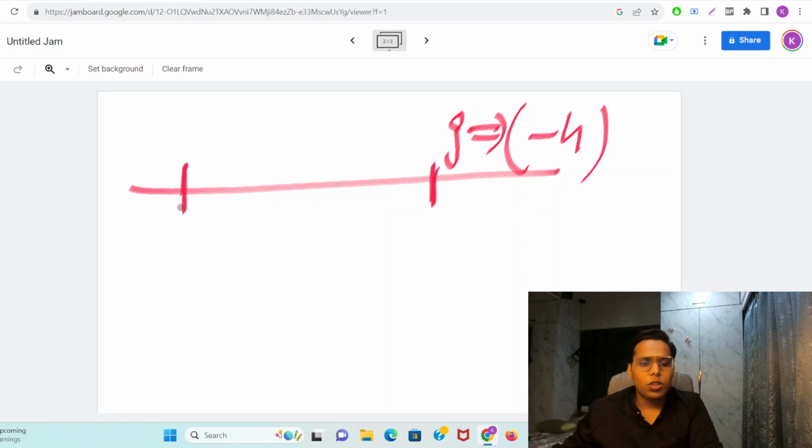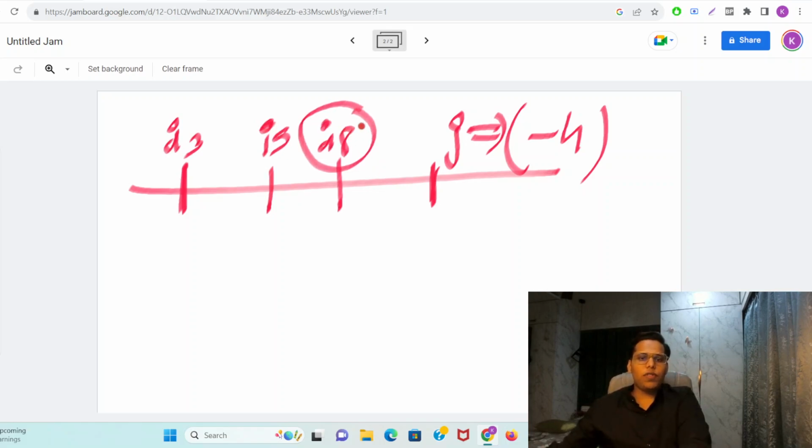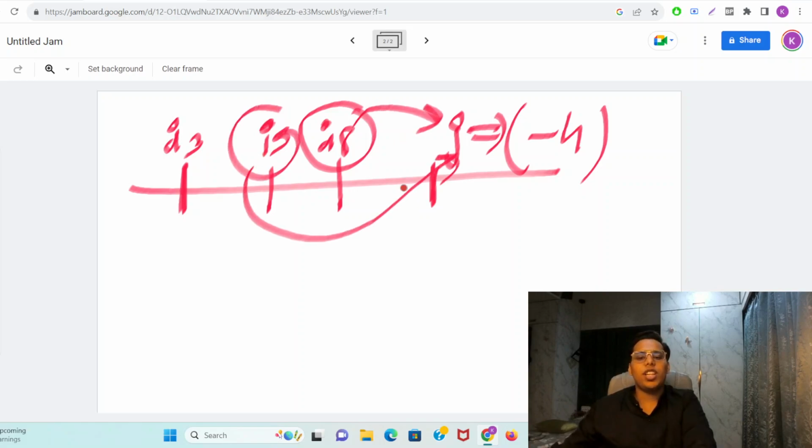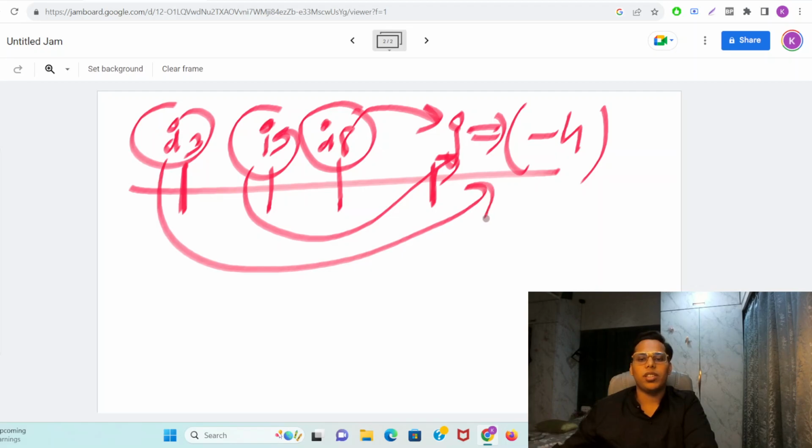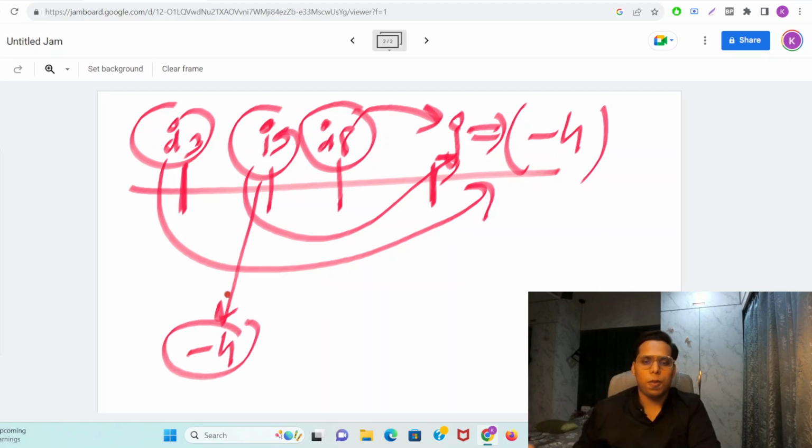So there are many i's here. Say this is I3, this is I5, this is I8. You want to know which of these I can bond with J. Not all of them can bond with J. Only those i's can bond with J whose own equation is giving minus 4.